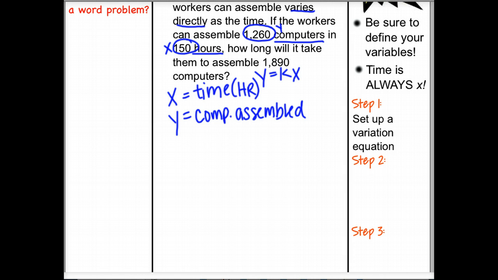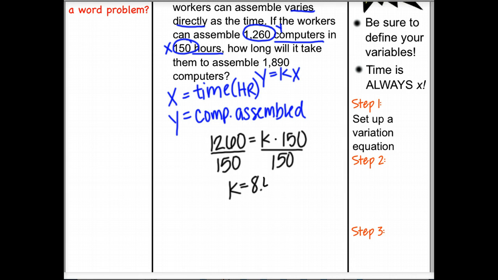So y, 1,260, is equal to k times 150. We will go ahead and divide by 150 on both sides. And when we do that, 1,260 divided by 150 gives you 8.4. So k is equal to 8.4.